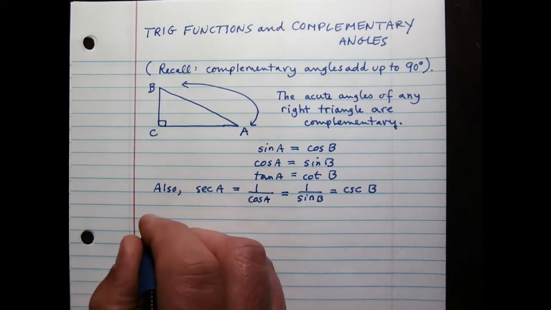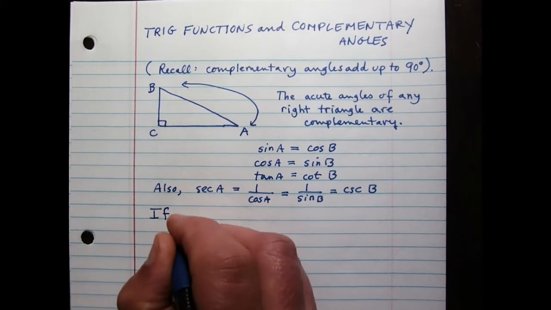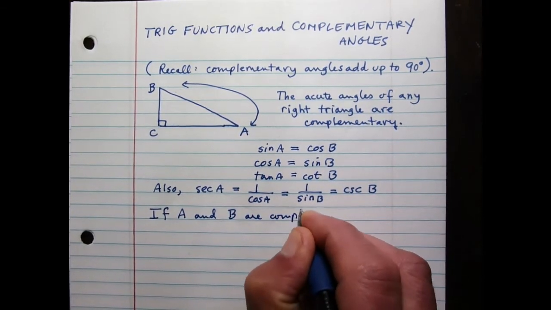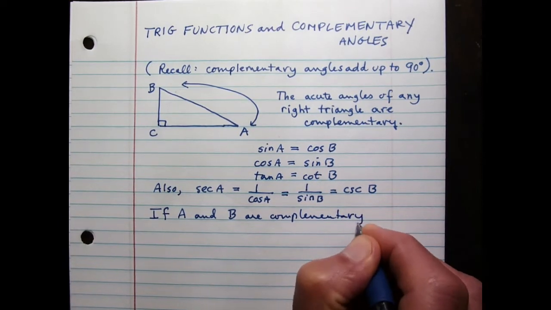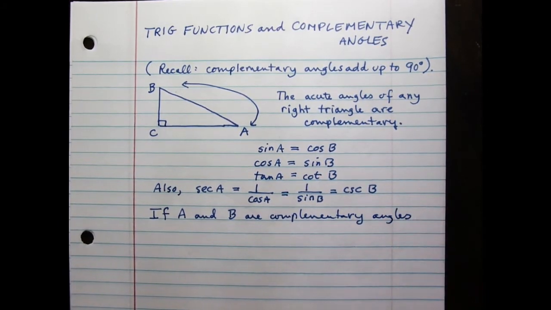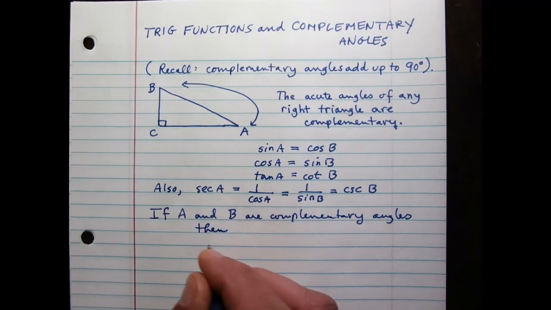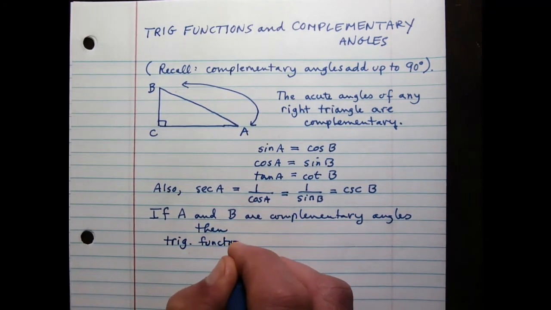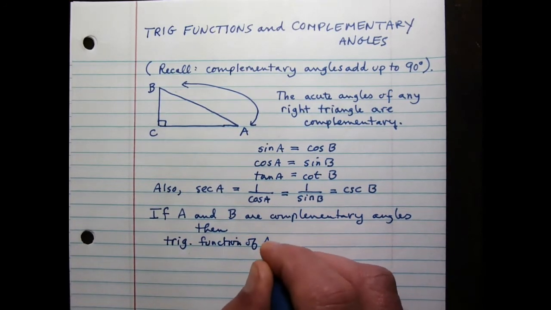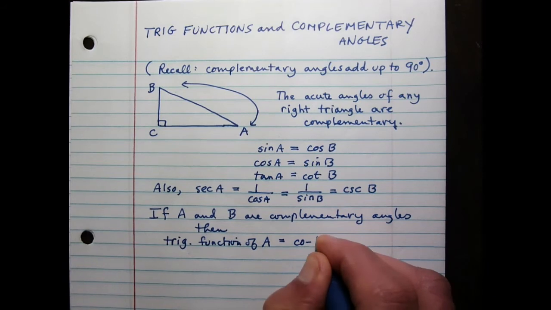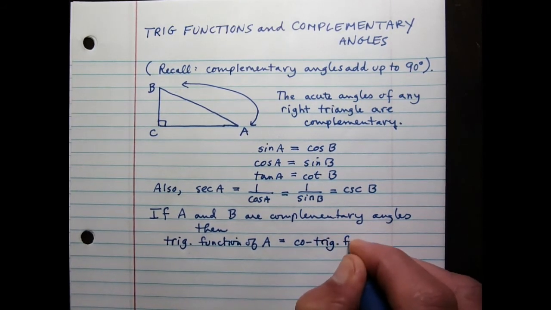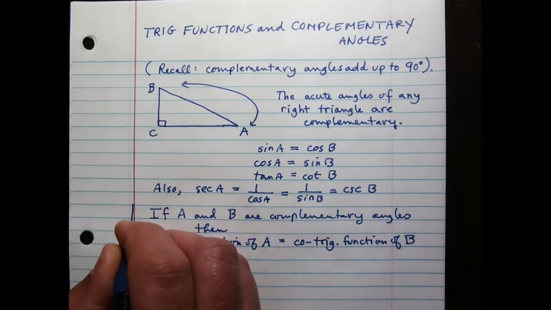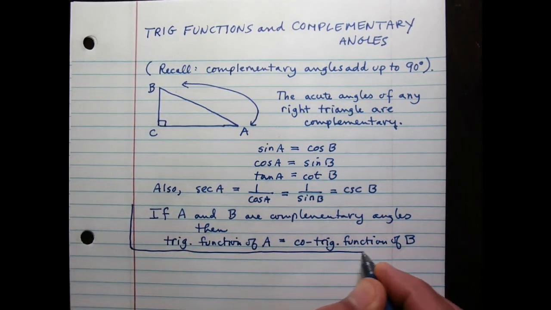And let me try to make a general statement here about this. If A and B are complementary angles, then a trig function of one of those angles, say of A, is equal to the co-trig function of B. So I'm trying to state this in a way so that it works for all of these different cases.